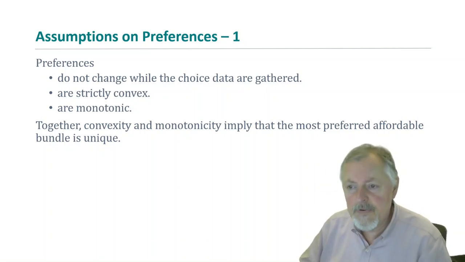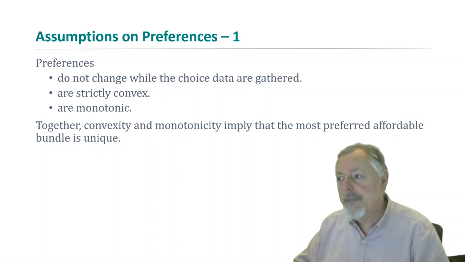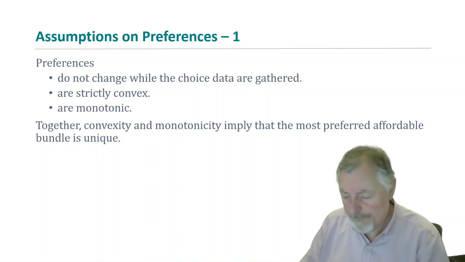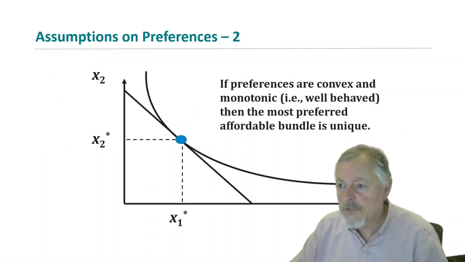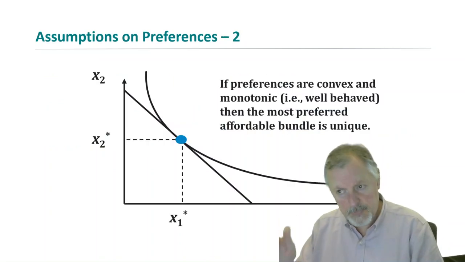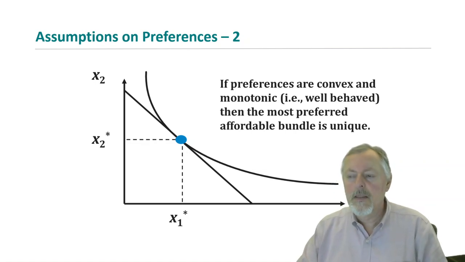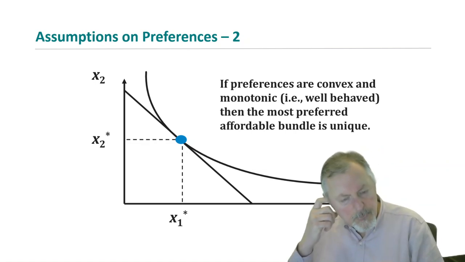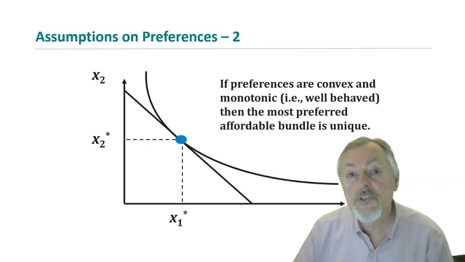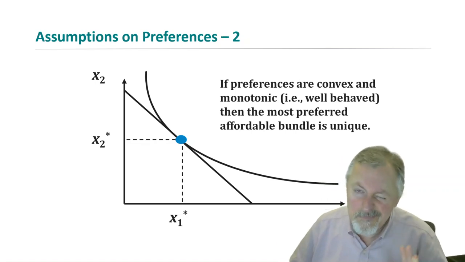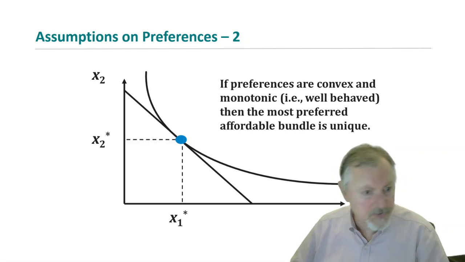They're strictly convex, they're monotonic. Basically, we assume that the preferences are nicely behaved. We also assume that the preferred affordable bundle is unique, that someone won't be indifferent, usually, between choices.